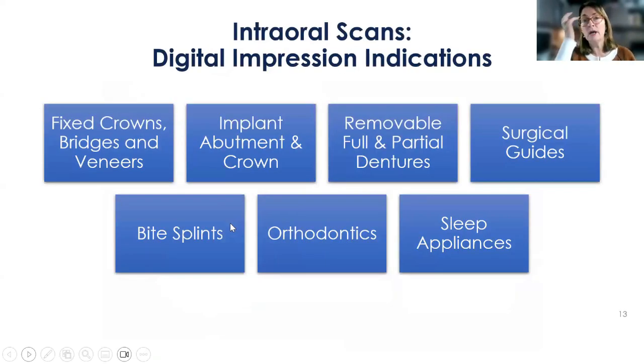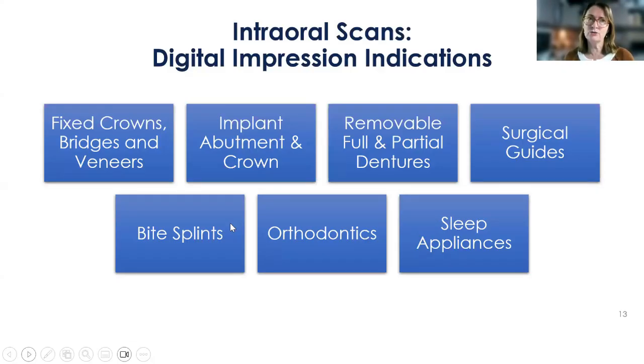And what can we scan for? So I'll tell you, I first started scanning approximately 18 years ago. And at that time, the only thing that particular scanner could scan for was a single unit crown. And that was it. And then it migrated, and you could do a full arch scan of complete dentition for an appliance, orthodontic aligners or a bruxism appliance, something along those lines.